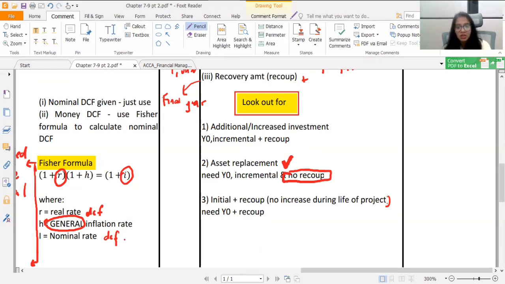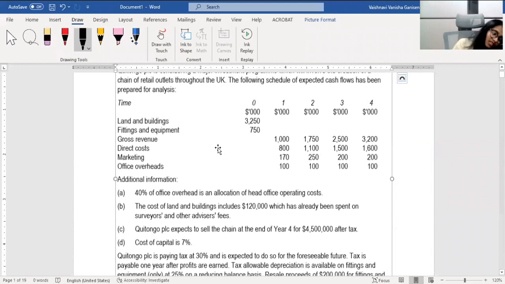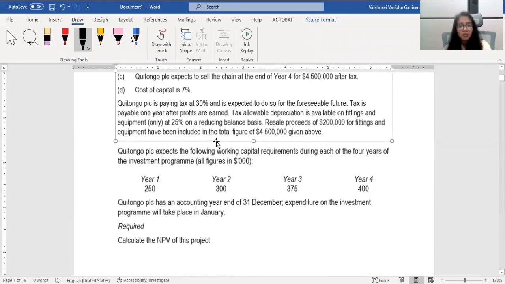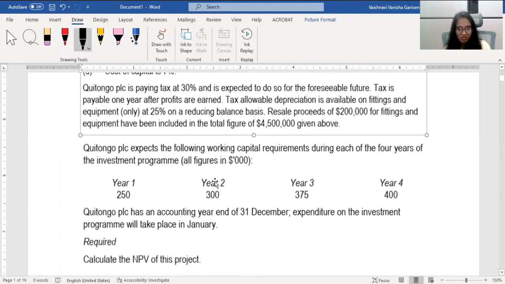Okay, now let's go back to the lecture example that I've given to you, the additional lecture example that was given. Previously I've done the first part, the taxation, tax saving on capital allowance. Now I'm going to do the working capital. I don't think there's an inflation example yet, okay, but let's do the working capital information.